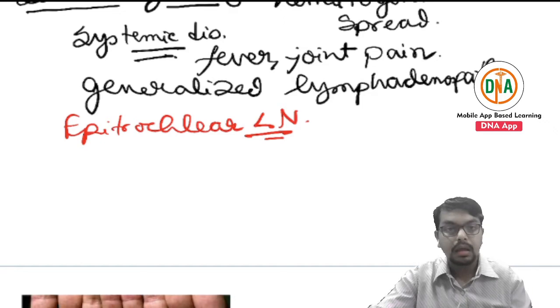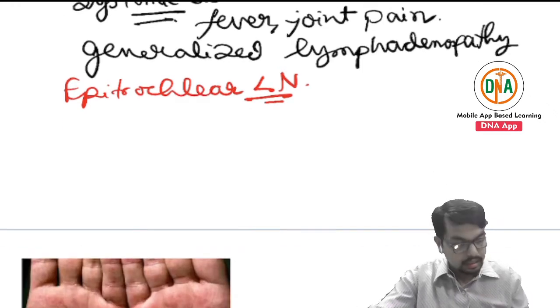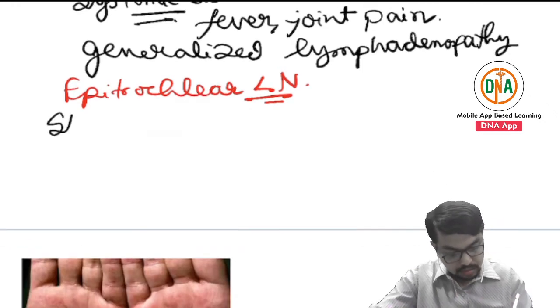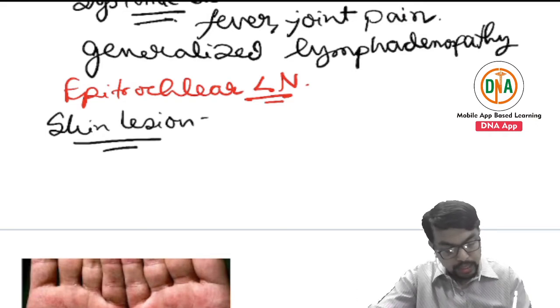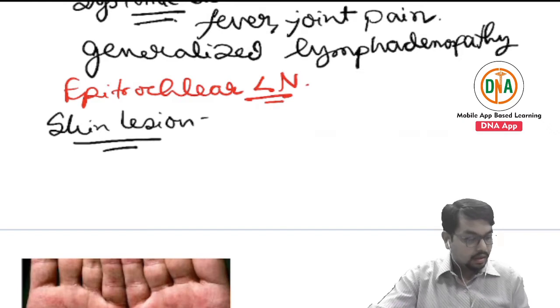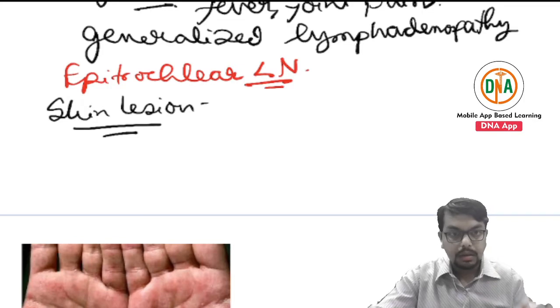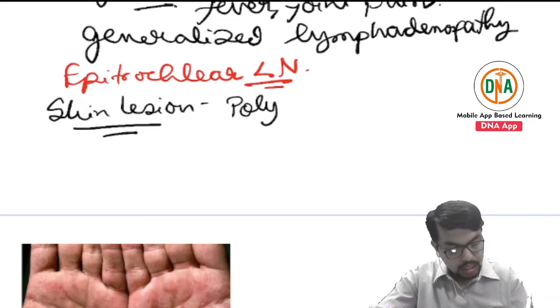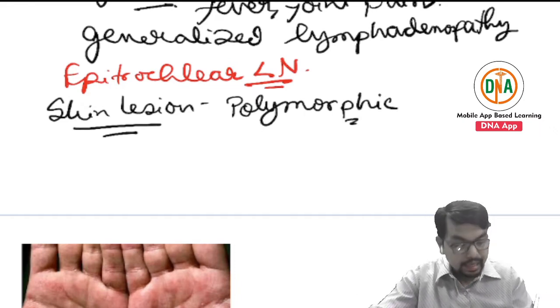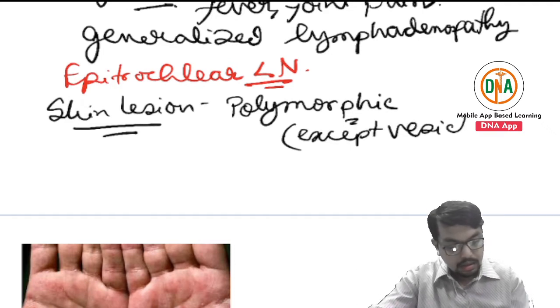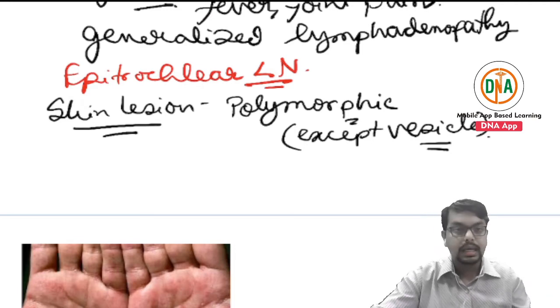Next, about the skin lesion. Skin lesions of secondary syphilis: we can see all the types of primary skin lesion in secondary syphilis. Polymorphic skin lesions, except vesicle. Vesicle is not seen in secondary syphilis.